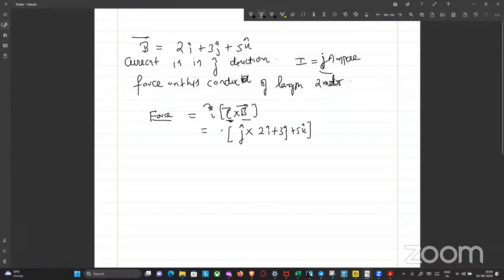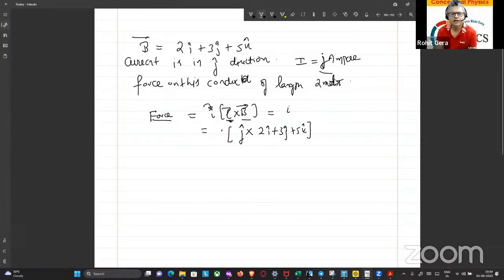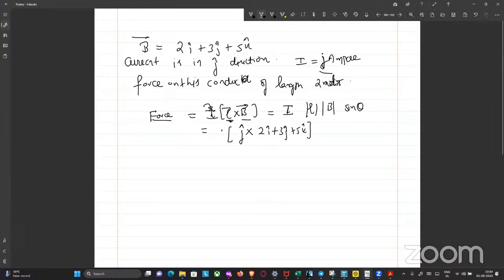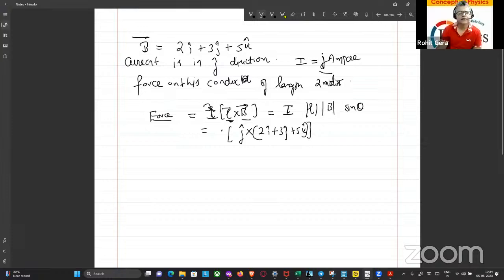You can see the magnitude of length, current, and sine of the angle between them. Or I can do a direct vector multiplication. So J cross B, and the current is J amperes, so the magnitude of current is 1 only. Correct.